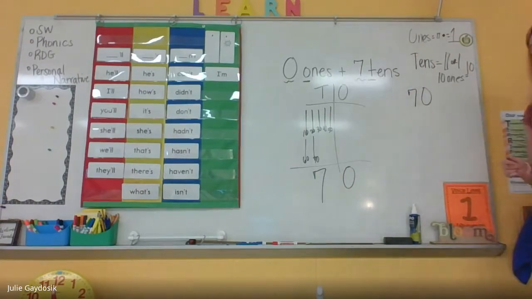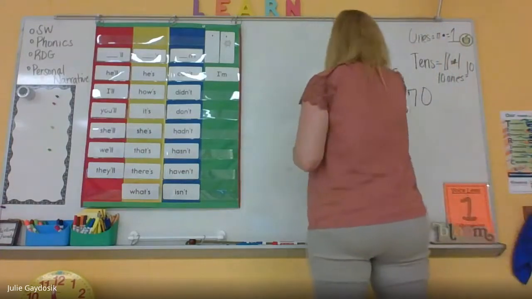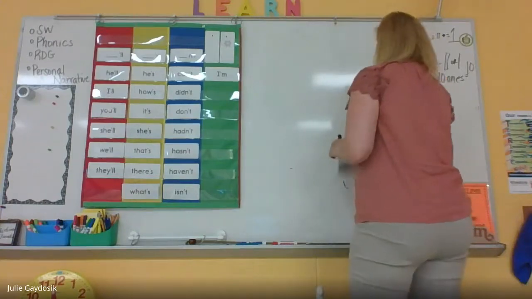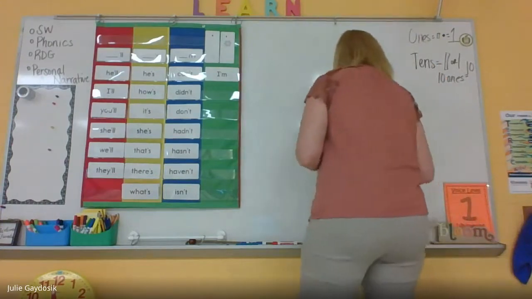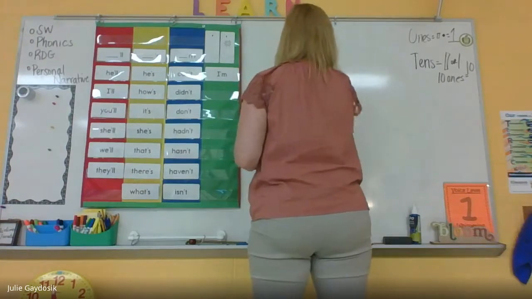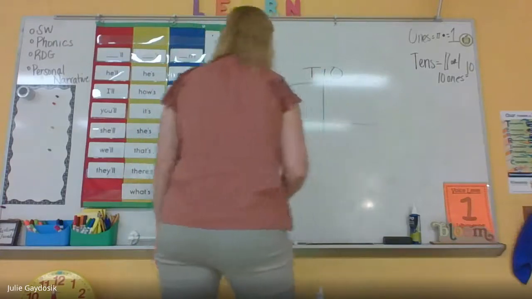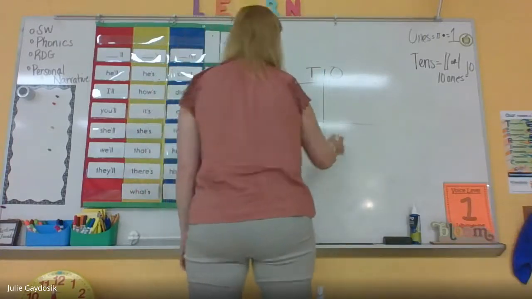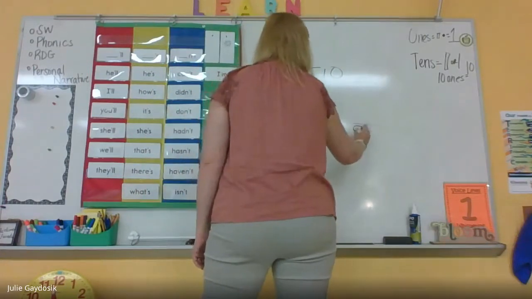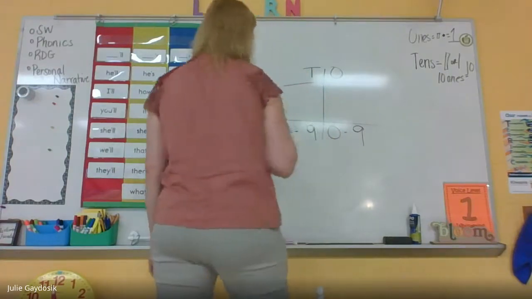Now, yesterday we talked about composing ones to make a new 10. If I look at a tens and ones chart, I can only have numbers 0 through 9 in this spot and 0 through 9 in this spot.